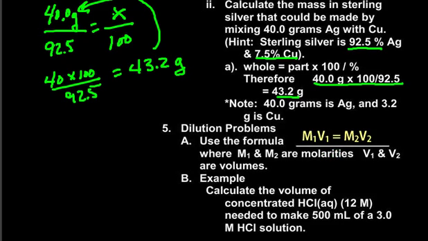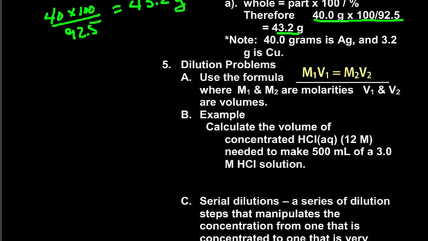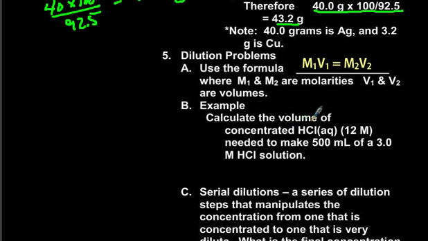So, for example, we want to calculate the volume of concentrated hydrochloric acid needed to make 500 milliliters of a 3 molar solution. M1 is going to be 12 molar, because that's what we're starting with. But we don't know how much of that we need.